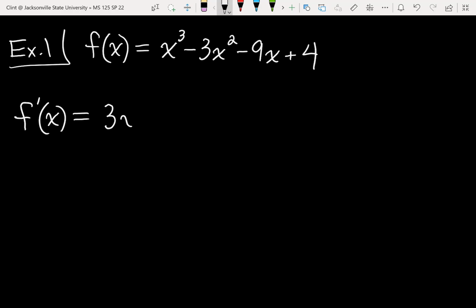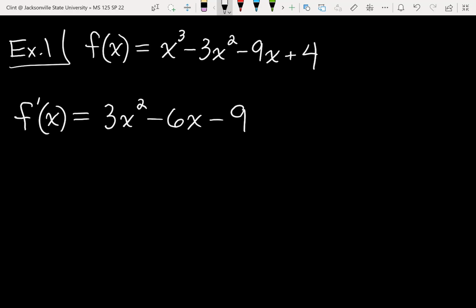Yeah, 3x squared. And then what? Minus 6x. Yep. Minus 9. And then the derivative of the 4 part is 0, so you don't have to write that down. I'll write down plus 0.